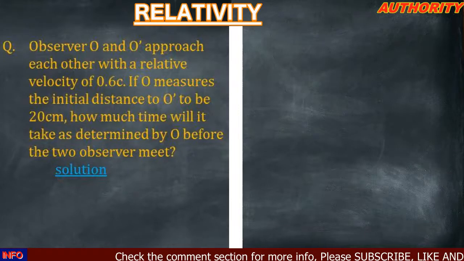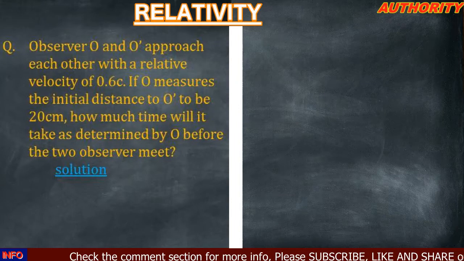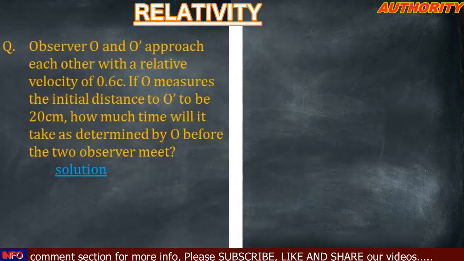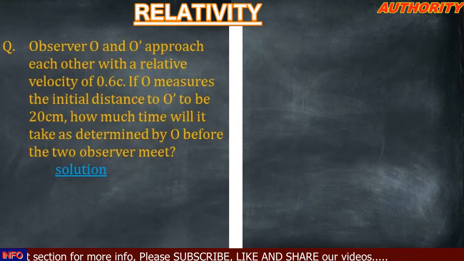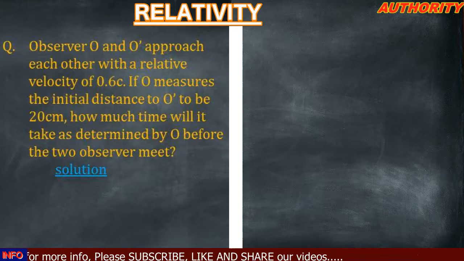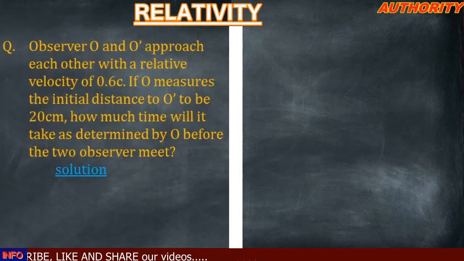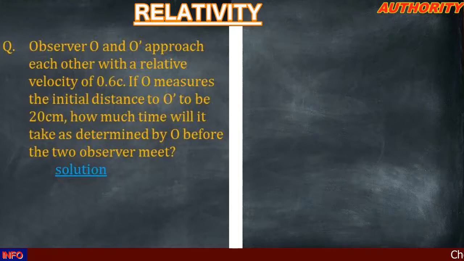If O measures the initial distance to O prime to be 20 meters, how much time will it take as determined by O before the two observers meet?